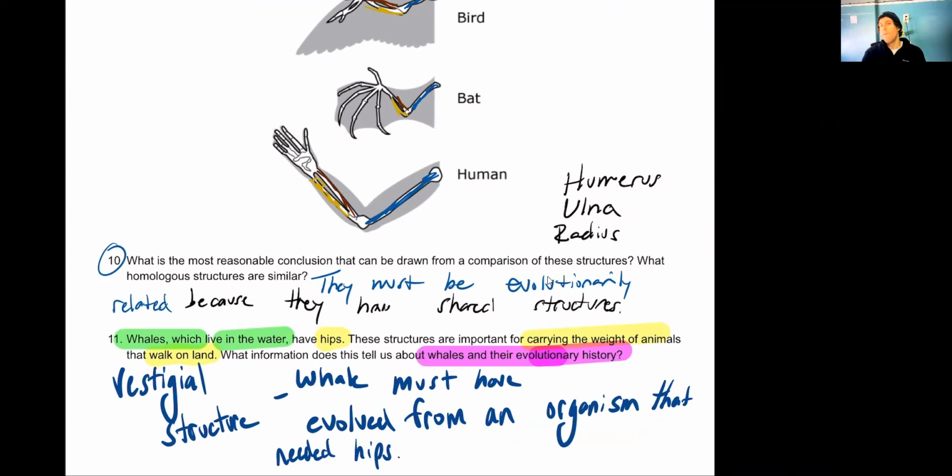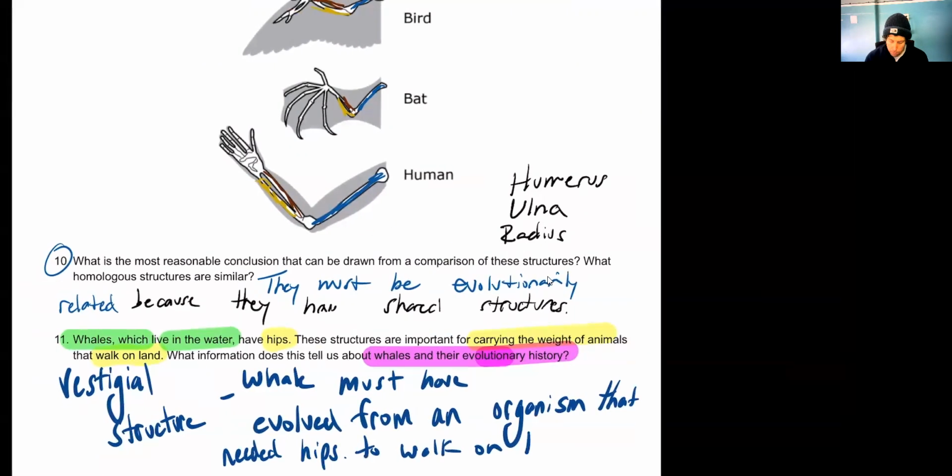It must have evolved from an organism that used hips to walk on the land. And so we know the whale evolved from some organisms similar to the common hippo that we have today.